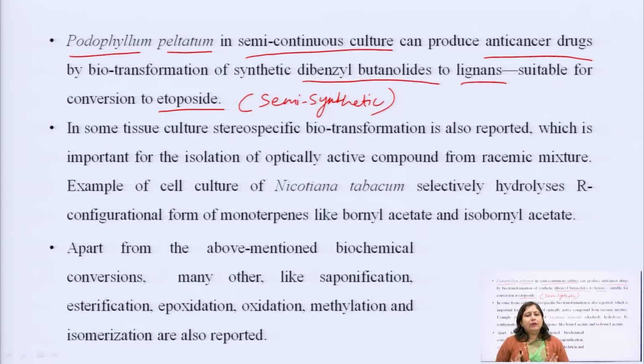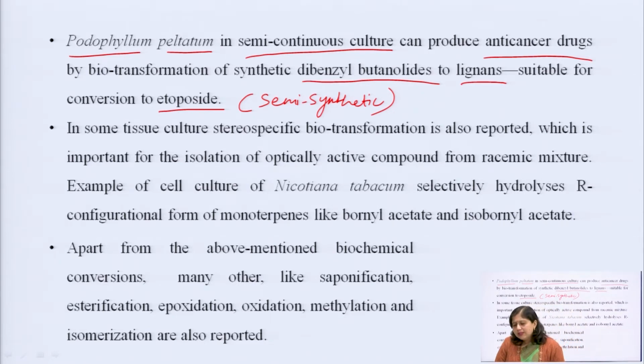So, when we did the semi-continuous culture of Podophyllum peltatum, with certain biotransformations inside the lab, we could easily convert the dibenzyl butanolides into a lignan, and this lignan was a better precursor for the synthesis of etoposide. So, that was the benefit of culturing Podophyllum peltatum.